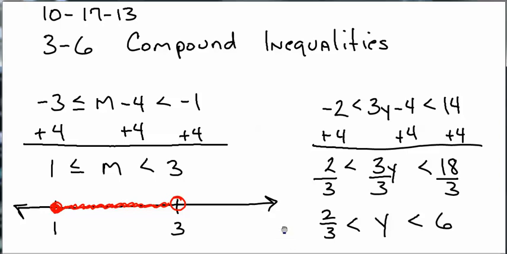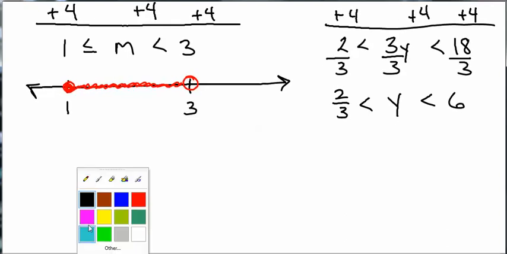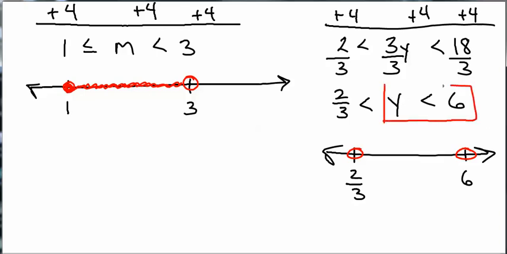And when you graph that, number line, put your 2/3 on it, put your 6 on it. Open or close on the 2/3? Open or close on the 6? If you break this down into 2 graphs, look at this portion first: y is less than 6.